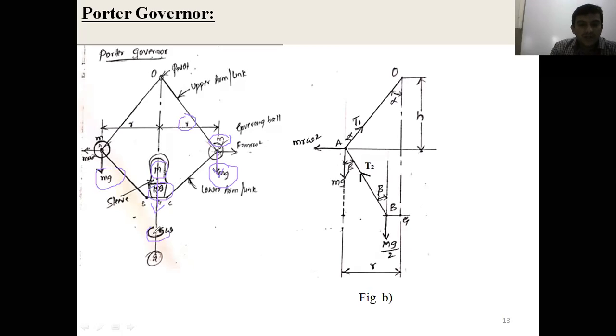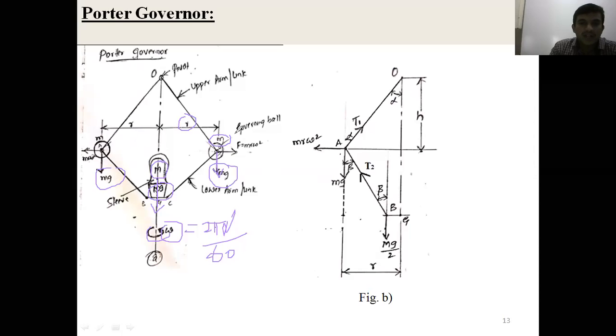Now, once the governor shaft rotates at angular velocity omega, that is equal to 2 pi N by 60, what happens? Due to that, the arms also rotate about the governor shaft axis. The governor balls also rotate, the sleeve also rotates.